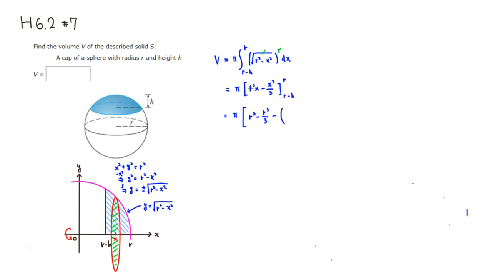I'm going to just distribute r squared to both, so r squared times r is r cubed, minus r squared times h, and the minus, then we have a fraction here. r minus h cubed is going to be r cubed minus 3r squared h plus 3rh squared minus h cubed, over 3.